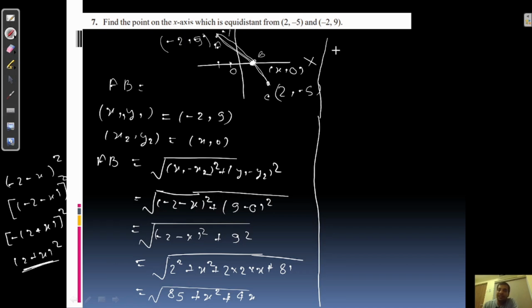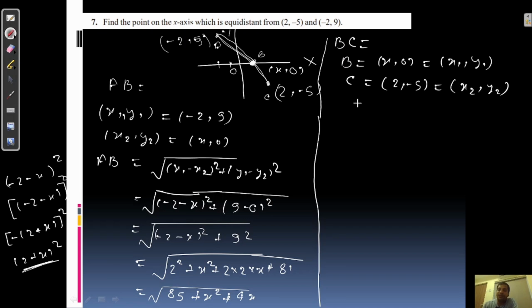Now I am going to find the distance between B and C. Just look. The value of B is x comma 0. Now I am considering it x1 comma y1. The value of C is 2 comma minus 5. I am considering it x2 comma y2.